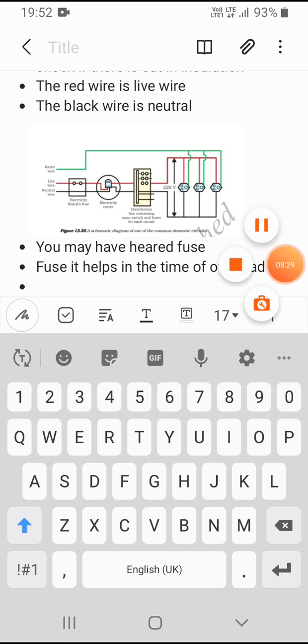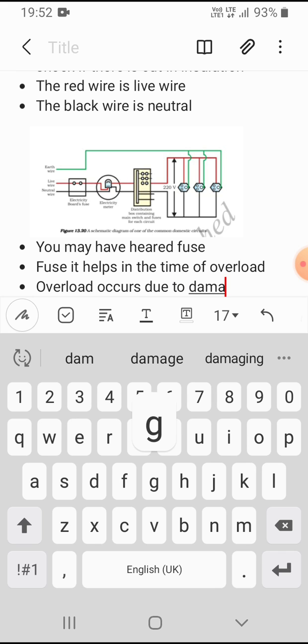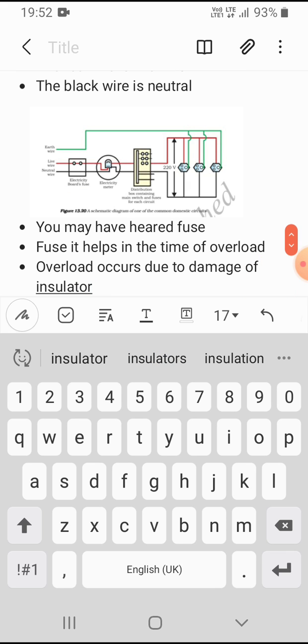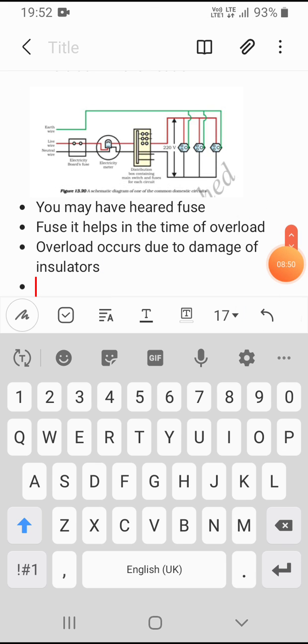We say overload occurs due to damage of the insulator that protects the wire. That insulator will protect us from getting shock, and from getting overloaded or a short circuit.